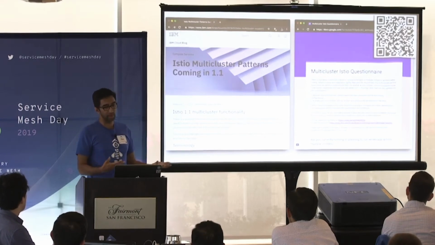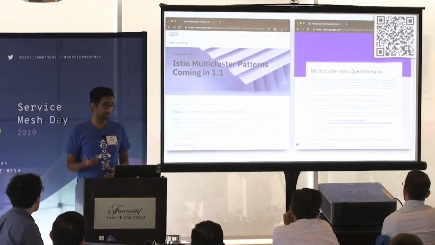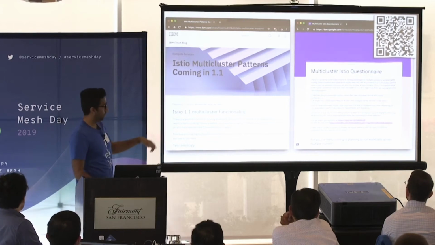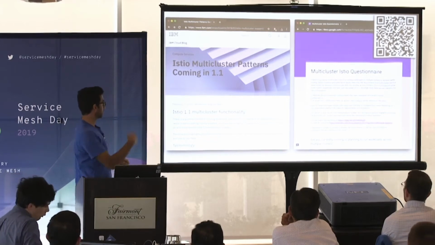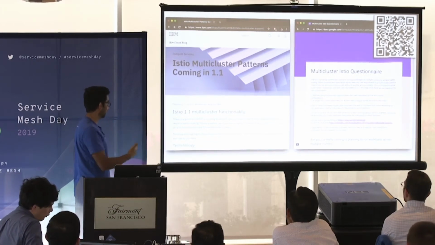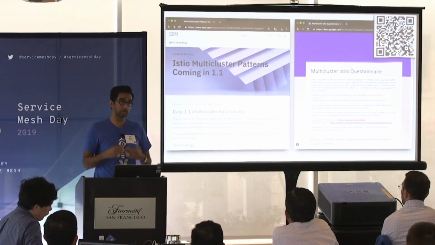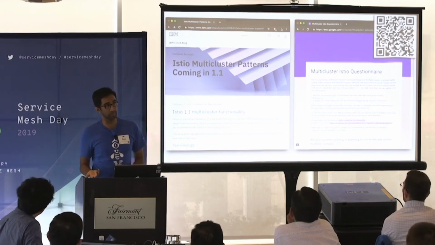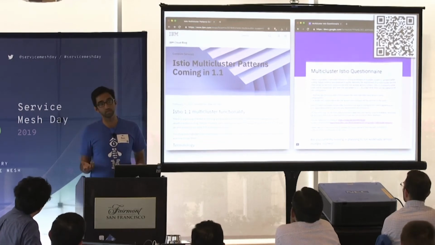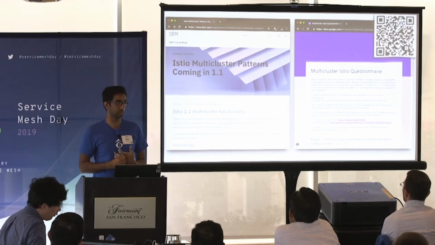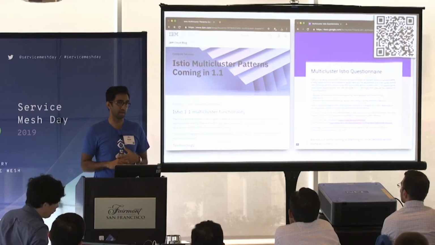Each of these patterns I talked about is covered in more detail. Itai wrote a blog post that went into much more detail than I could in this lightning talk. Our goal in doing this is to learn from the community to see what people are doing with multi-clusters, which one of these patterns makes more sense for them to adopt, and what they need out of it.